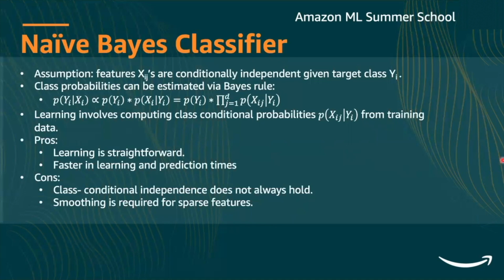Let's take an example. Let's consider a fruit, let's say an apple. That fruit will be considered an apple if it is red, it is round, and it's about 3 to 4 inches in diameter. Now, without knowing that this is an apple, these features might be related.